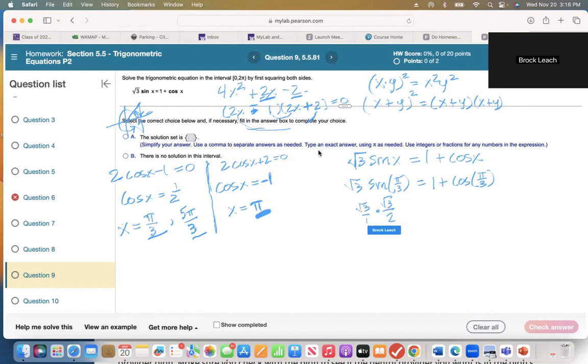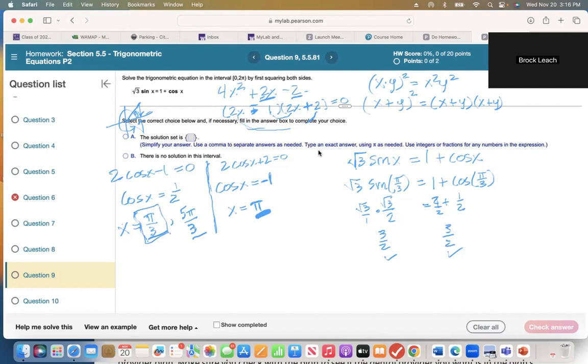So this gives me, well, 3/2. Let's go to the other side. Cosine of 60 degrees is 1/2. And 1 plus 1/2, or 2 over 2, plus 1/2 is 3/2. So this one worked. So I know that this is one of my solutions.